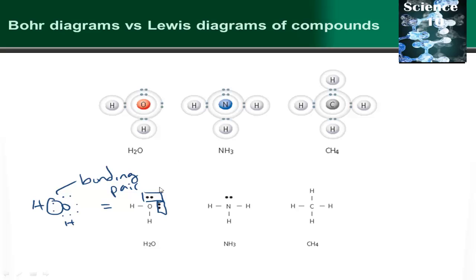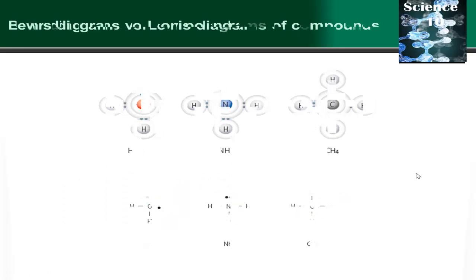These are called lone pairs. So again, lone pairs, bonding pair, bonding pair, bonding pair, bonding pair. So this is simply a covalent bond that really stands for a shared pair of electrons. It's basically this, right? Right.